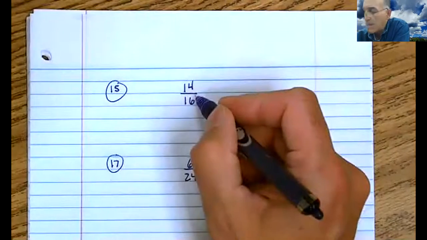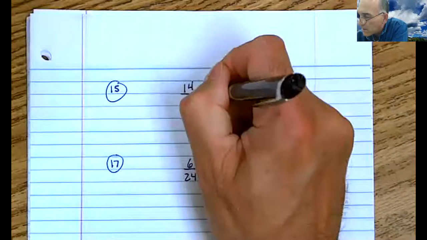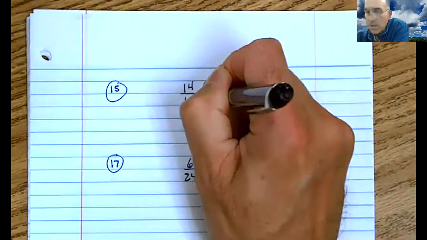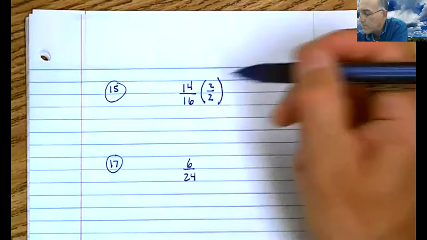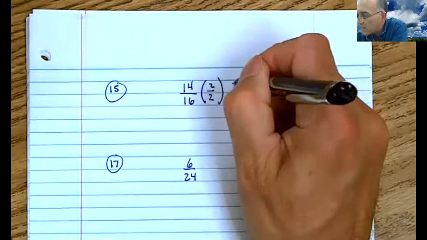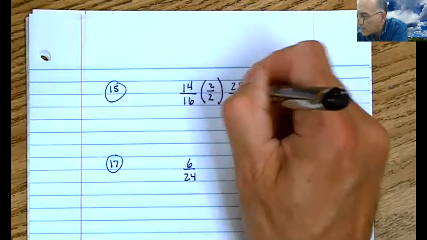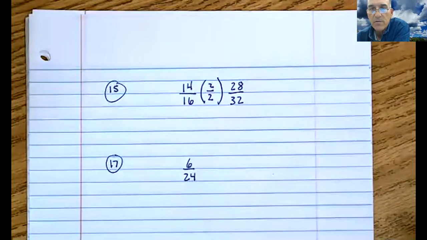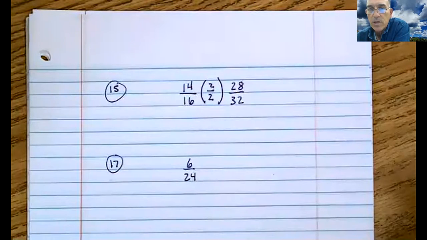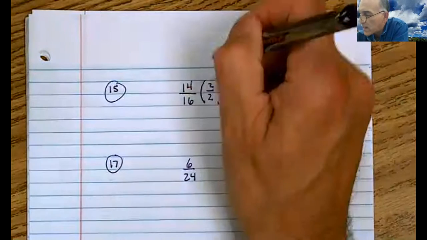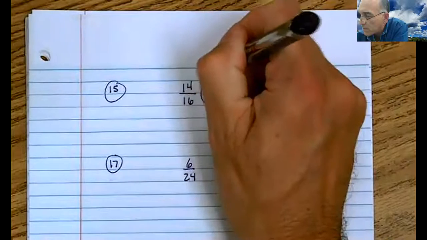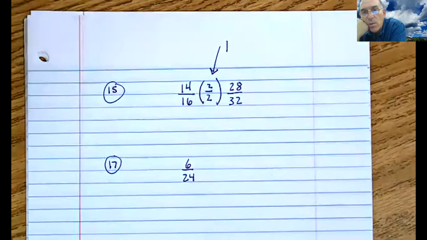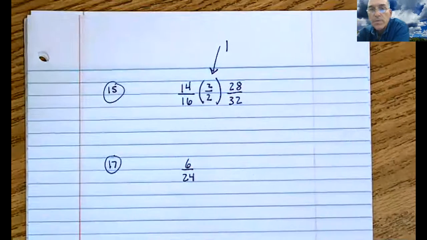Watch how I can multiply by 2. For example, I can multiply by 2 and I get 28/32. Those are equivalent fractions. I want you to also notice that I just multiplied by 1. The power of 1. 1 is a powerful number.